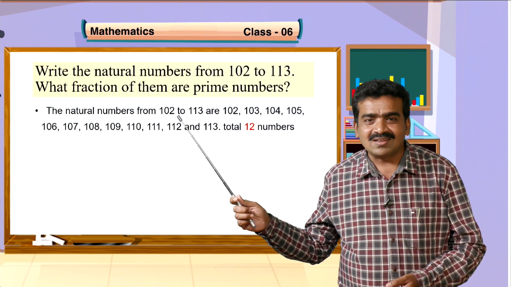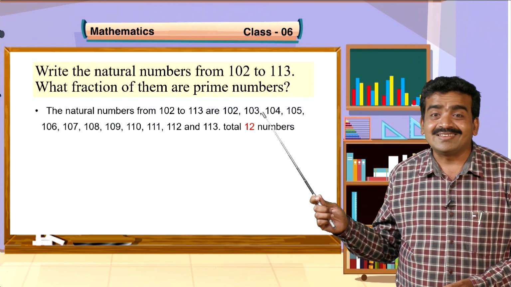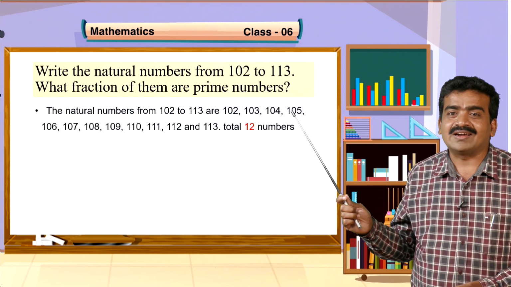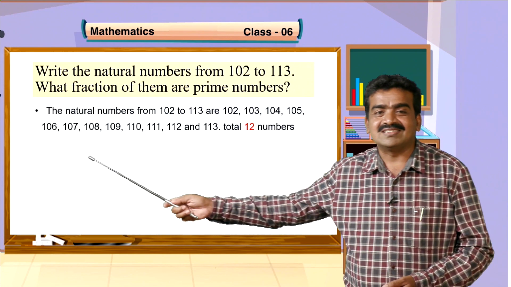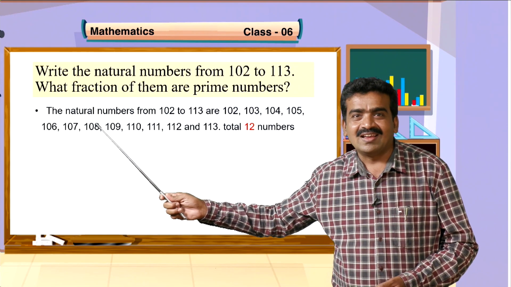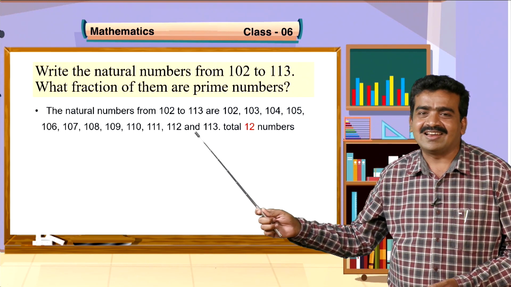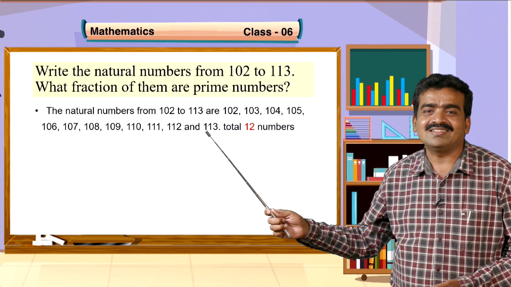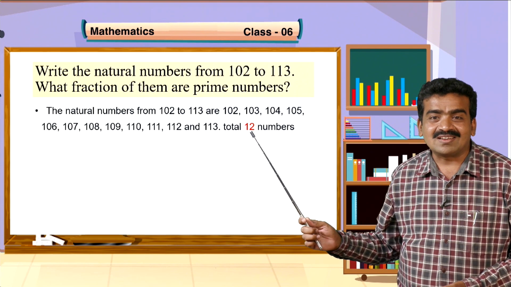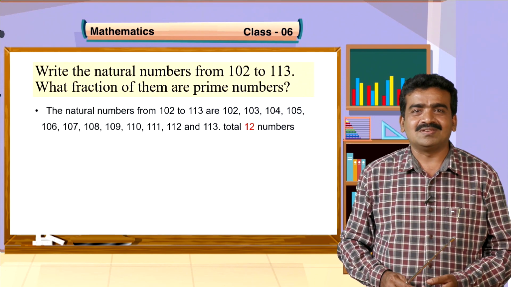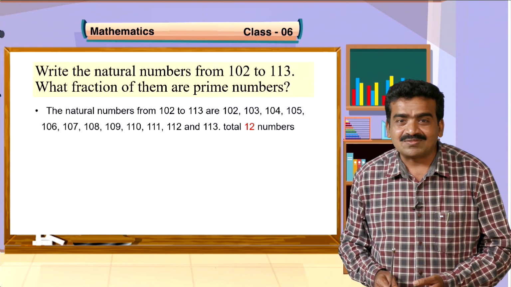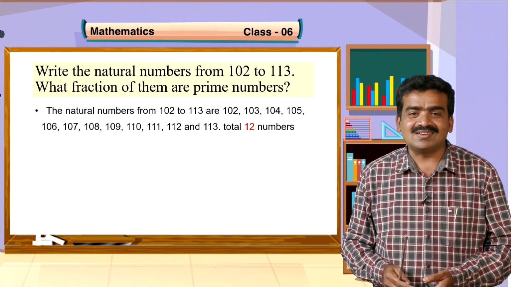The numbers are 102, 103, 104, 105, 106, 107, 108, 109, 110, 111, 112 and 113. How many numbers are there altogether? Very good. There are 12 numbers from 102 to 113.